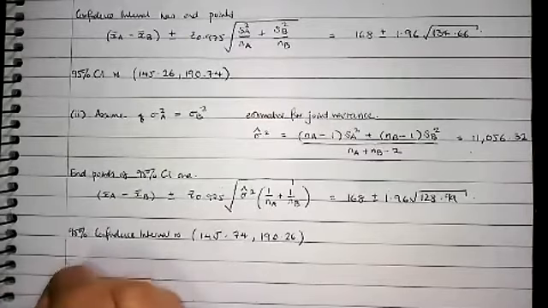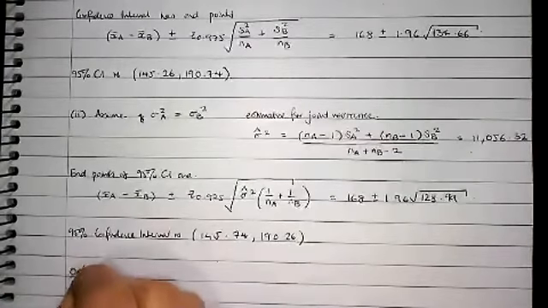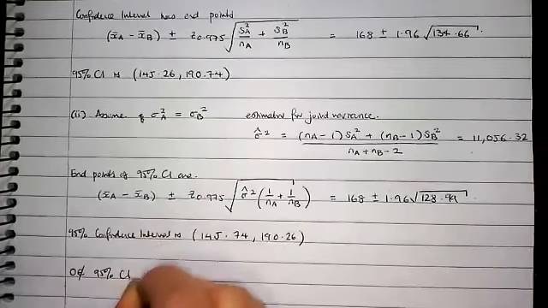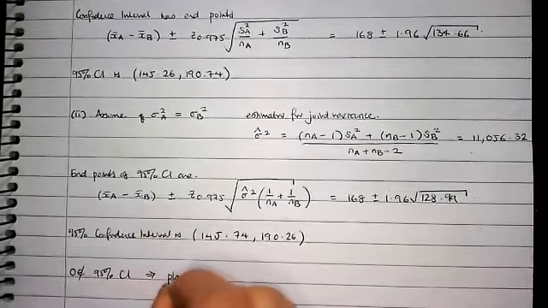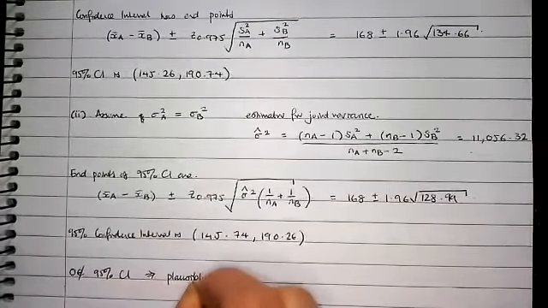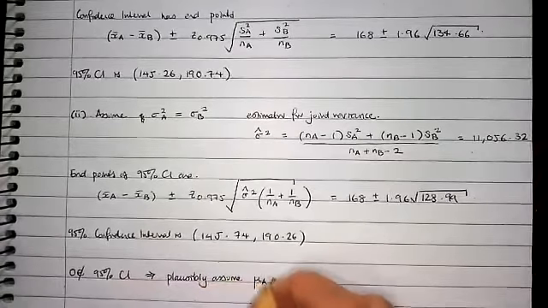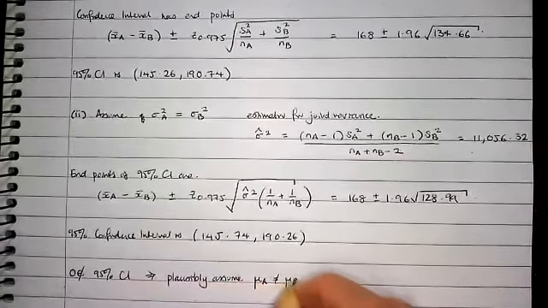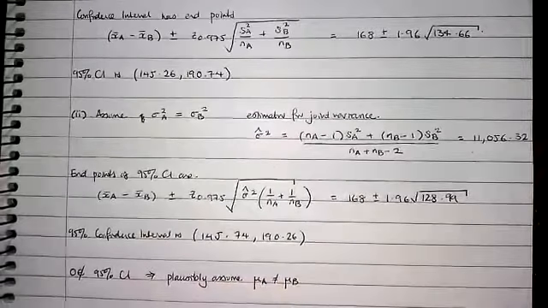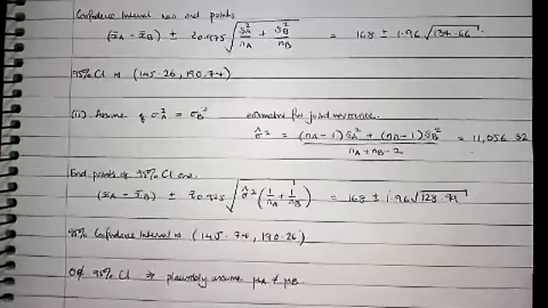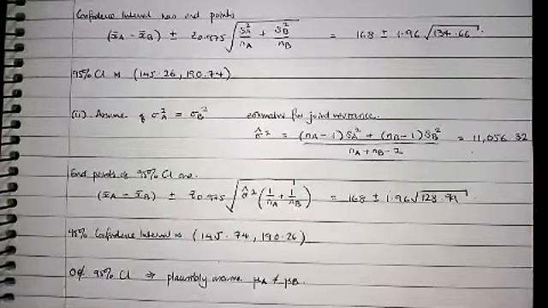So 0 is not in the 95% confidence interval implies we can plausibly assume that mu A does not equal mu B. Because it's reasonable for us to say that that difference shouldn't be 0 if the 95% confidence interval that we generate doesn't contain the value 0.